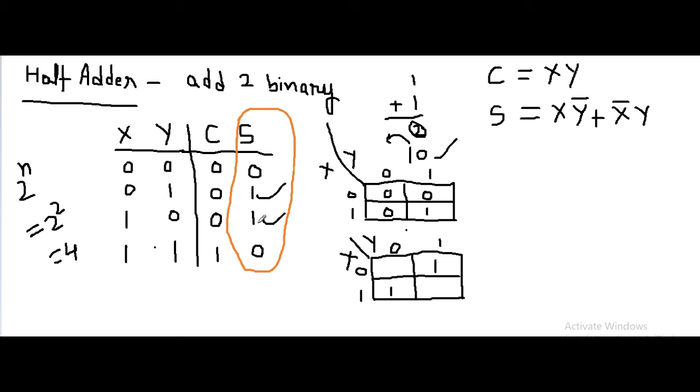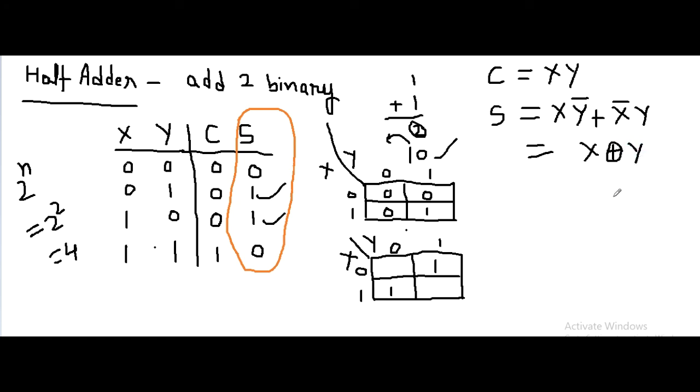So this is the truth table for the XOR gate. So I will write it here that S is X XOR Y, right? S is X XOR Y.